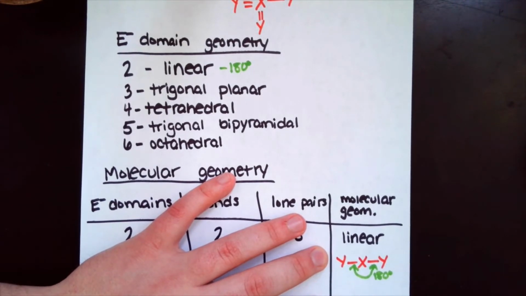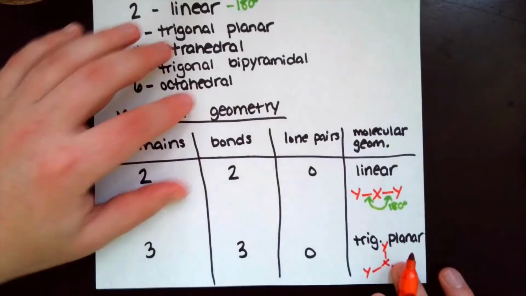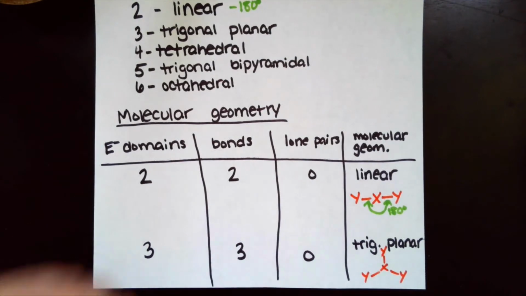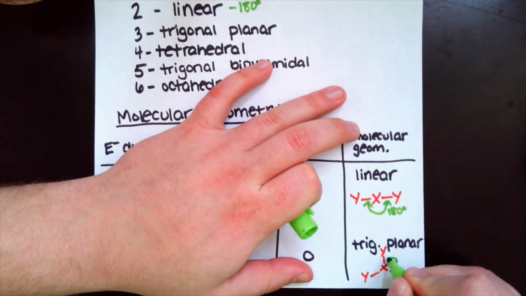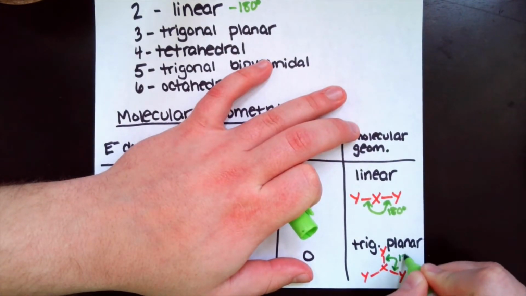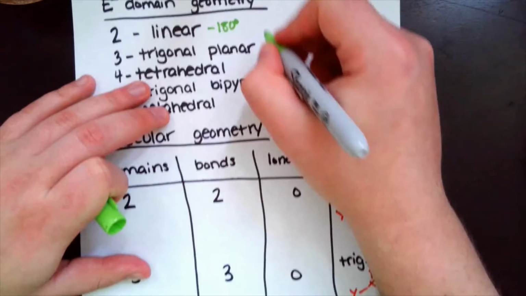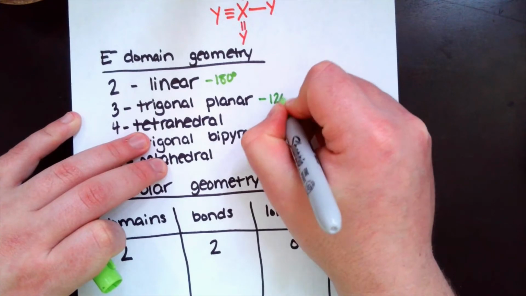Y. Oh, I'm sorry. That was off the screen. My apologies. Alright, so 3 electron domains. If they're all bonds, it looks like that, trigonal planar. And the bond angle you get for that is 120 degrees. So all of them are going to be 120 degrees. So 120 degrees here.